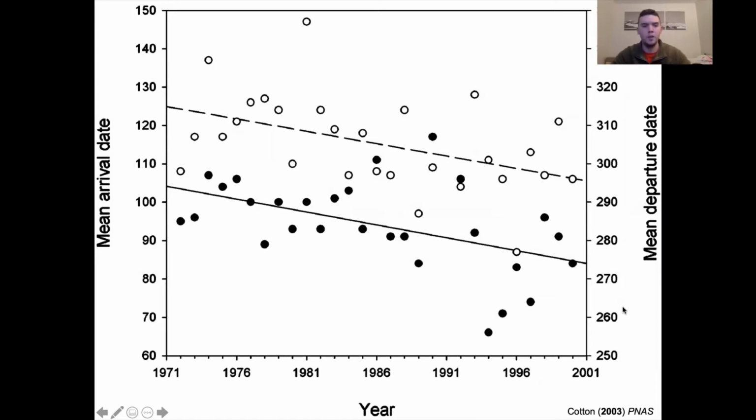And by arriving back on the breeding grounds earlier, they're enabling themselves to start the entire breeding period earlier, lay earlier, and have chicks hatch out earlier, hopefully more in line with the phenology of the ecosystems in which they're breeding. But we know that it's not enough to keep up with the advancements of the trees and the food supply, and they're still suffering from this mismatch.